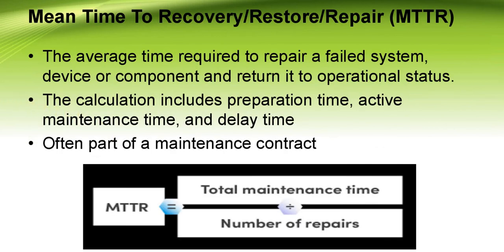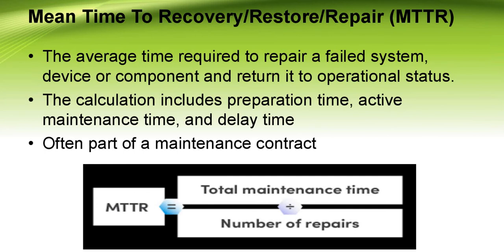So mean time to recovery, restore, or repair, MTTR. When a system fails, one of the first questions asked is how long will it take to get things back up? It is better to know the answer to such questions before disaster strikes. Fortunately, established mechanisms can help you determine these answers and others.